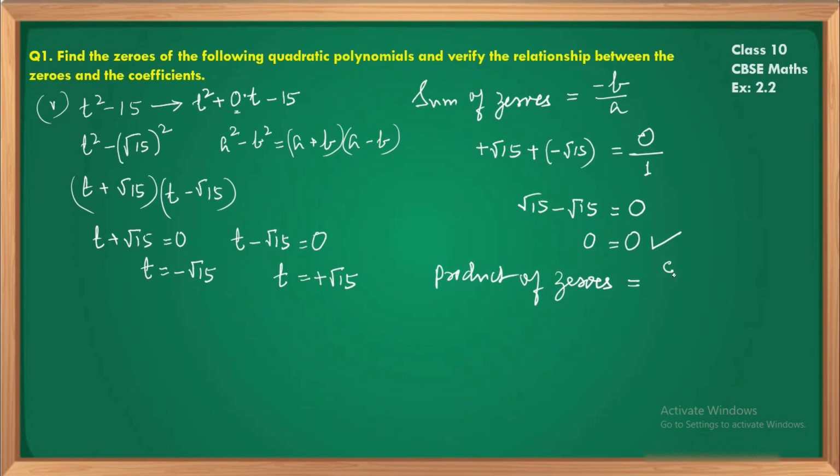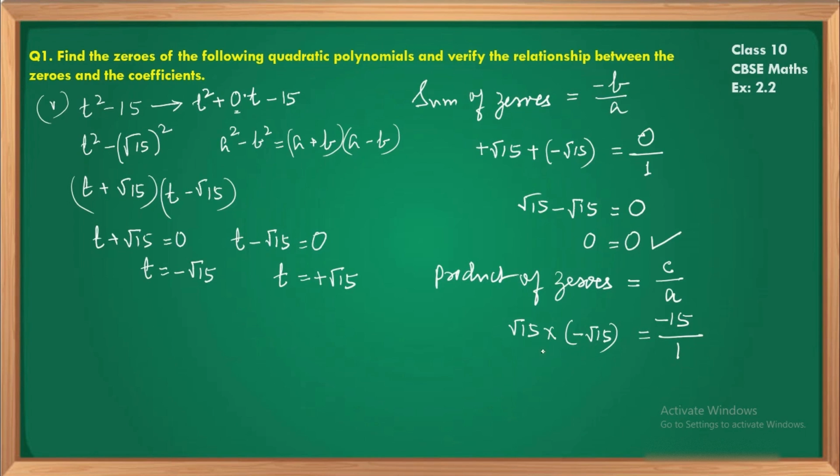It is c by a. Let us put the zeros of the equation, that is root 15 into minus of root 15, which is equal to c, which is the constant. Constant is minus 15 upon a. A is 1.